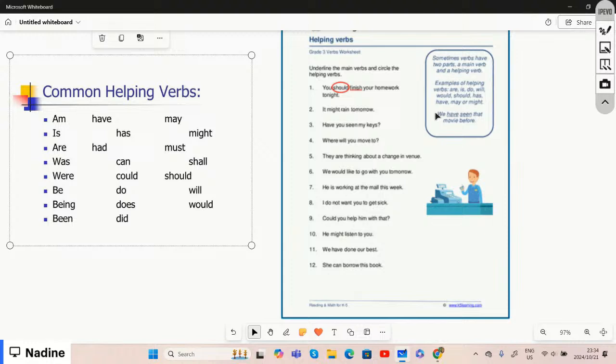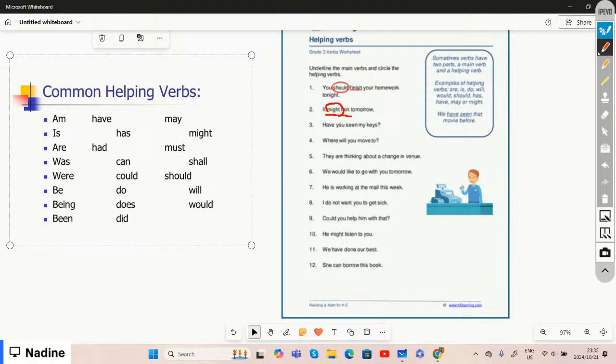The main verb that we are going to underline is rain, and the helping verb that comes before the main verb is might.